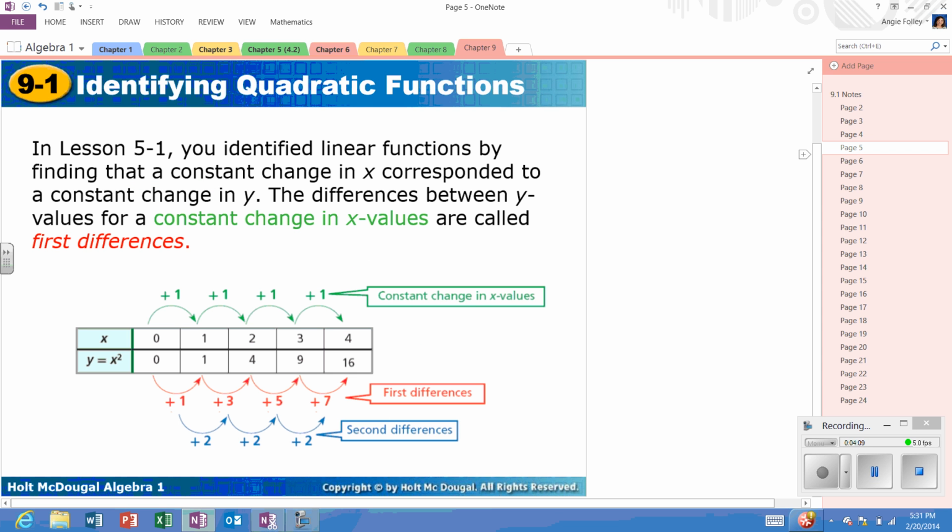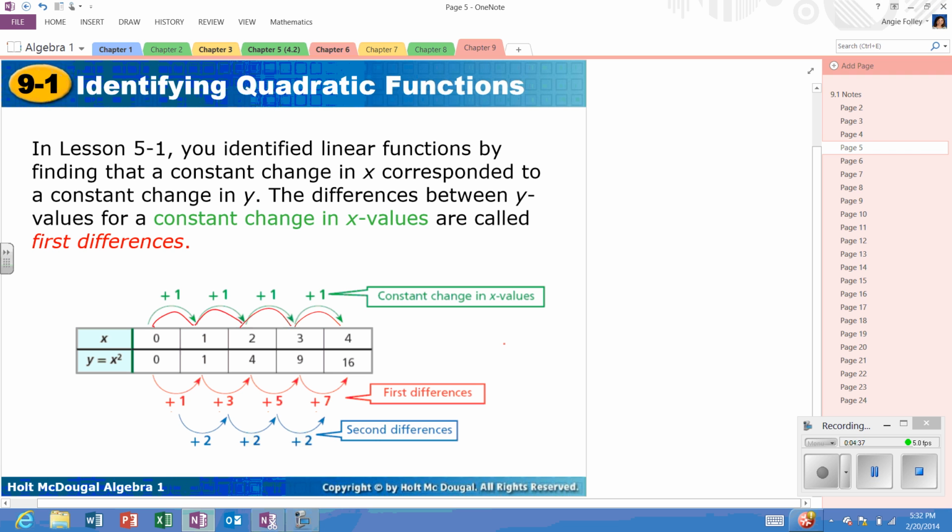In lesson 5.1, we identified linear functions by finding that a constant change in x corresponds to a constant change in y. So the differences between y values for a constant change in x values are called the first differences. You guys might remember this back in chapter 5, we looked at if I went from one x value to the next x value, as long as that change was the same for the x values and for the y values, then it was a linear function.